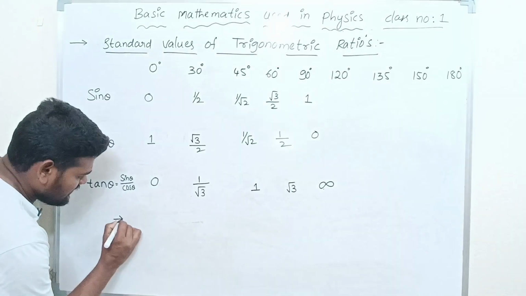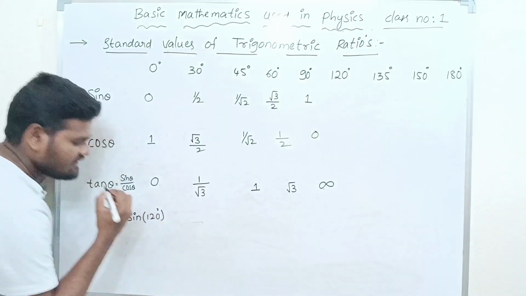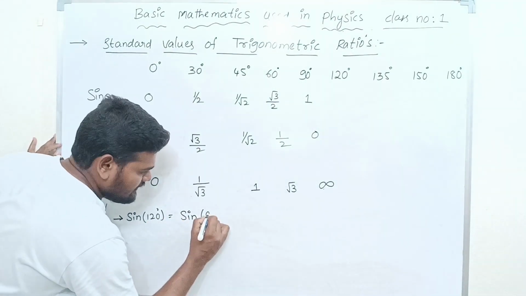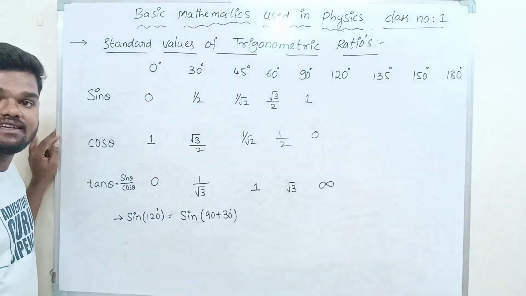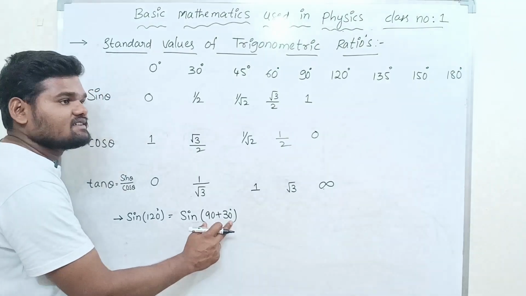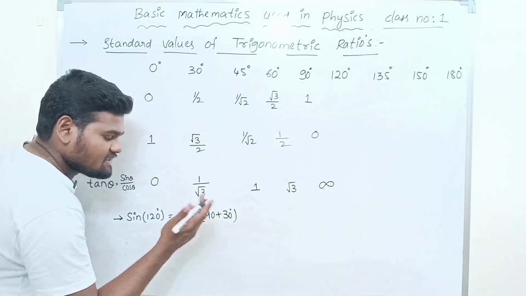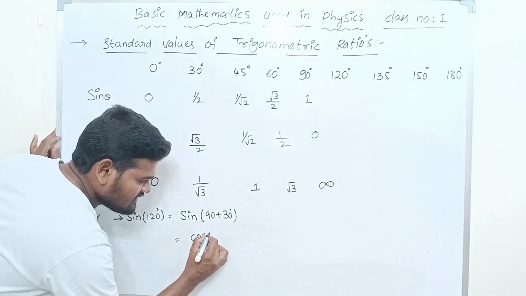So sin 120 degrees can be written as sine of 90 plus 30 degrees. Sine of 90 plus theta. At 90 degrees, sine can be converted as cos theta, where theta is 30 degrees.